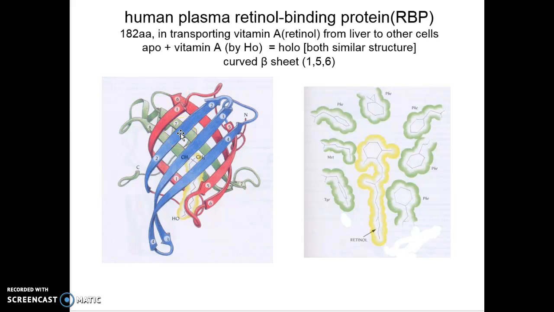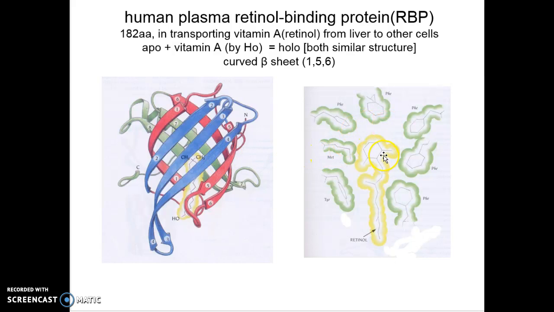So you see 8 antiparallel betas making a barrel. Just inside there is an open pocket where vitamin A, which is lipophilic, sits, so the surrounding protein portion must also be hydrophobic.